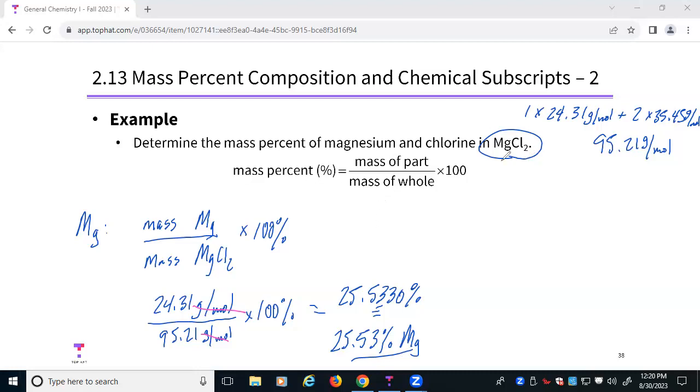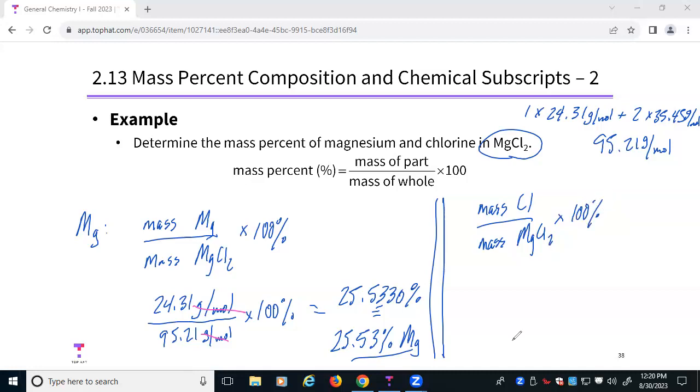For the chlorine part, there are 2 ways that you could approach it. So you could do the same thing where you go mass of chlorine over mass of magnesium chloride times 100%. What we have to keep in mind in this case is that it's going to be 2 times the 35.45 grams per mole in the numerator, because there are 2 chlorines in the product.